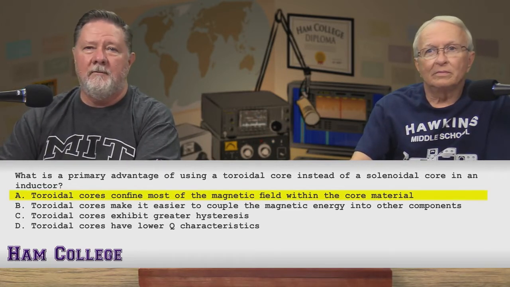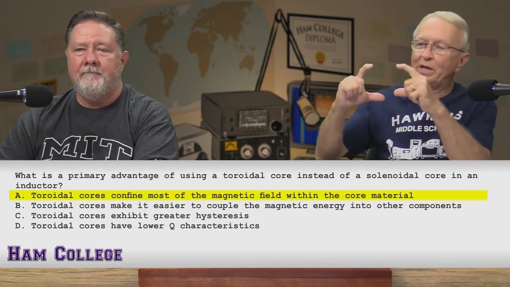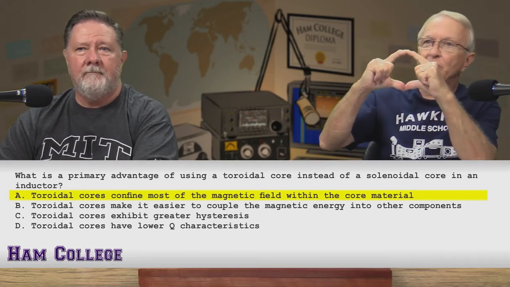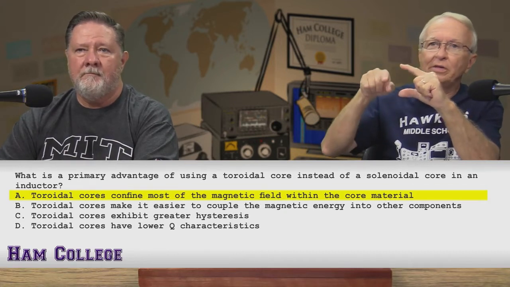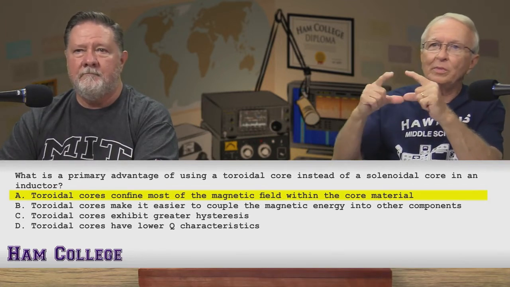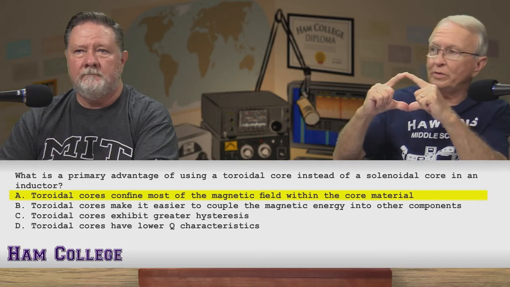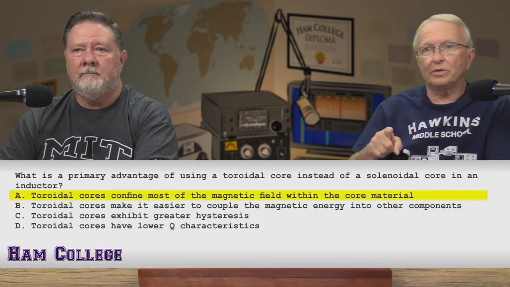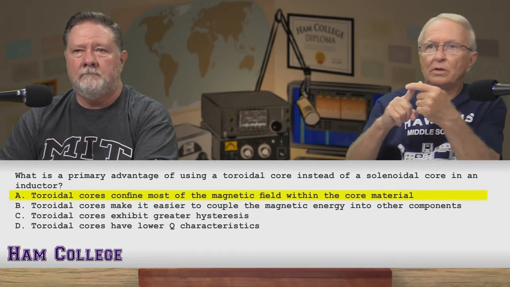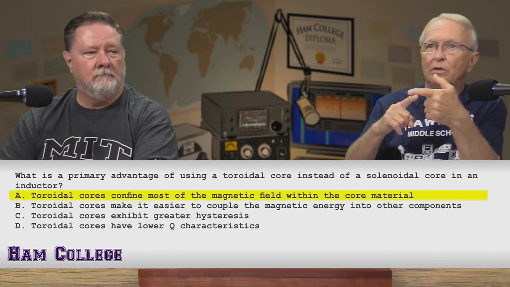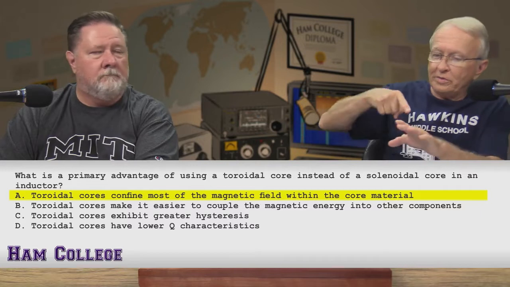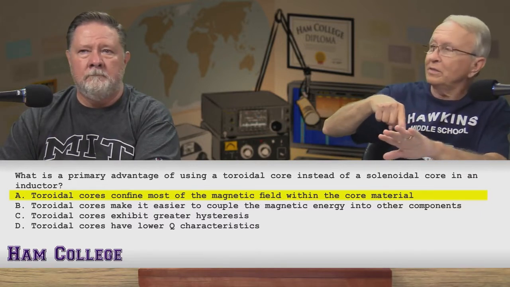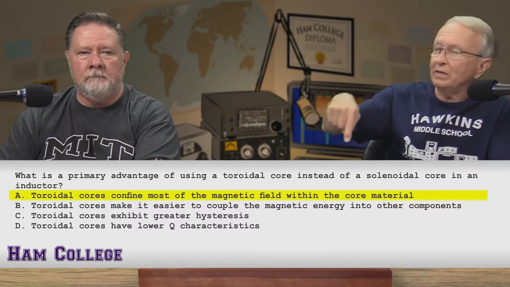For what that's worth. Well, there you go. If you think about it, with the circular toroidal core, you could see how that would confine most of the magnetic field inside the core material. Or if it was a solenoid, a straight wound inductor or core, you could see the end of that magnetism like an electromagnet.